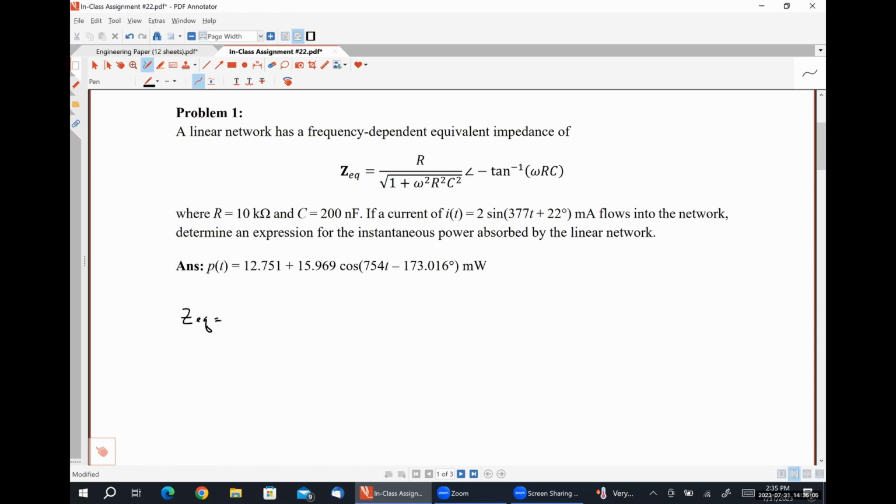So ZEQ is going to look like 10 kiloohms divided by the square root of 1 plus, so omega here is what? 377. Absolutely right.